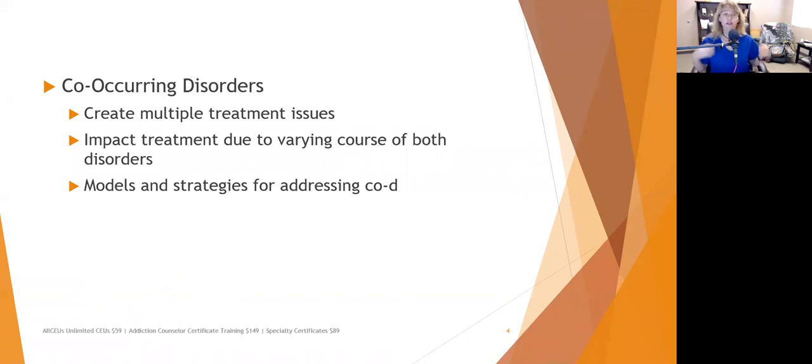Other docs will resist vehemently providing any sort of psychotropic medications until the person has been clean for 3 or 6 months. Well, if they're clean, and the reason they were using was self-medication, and now they're clean, they're not having anything to buffer against that depression or anxiety or bipolar. So it may be harder to stay clean if they are not medicated.